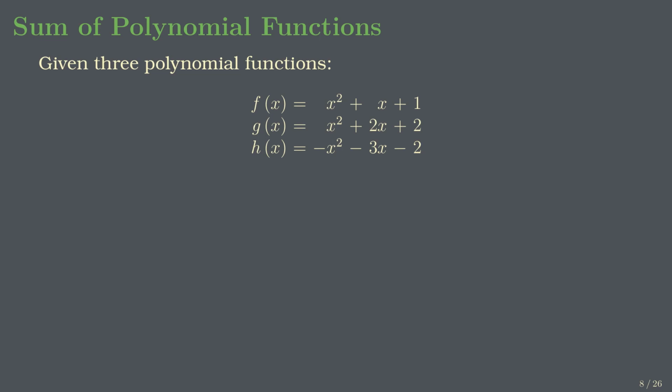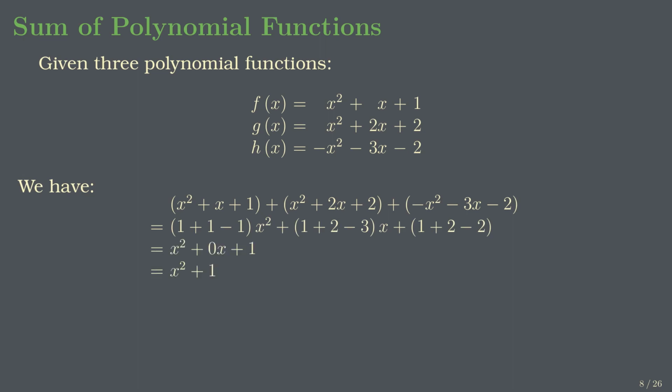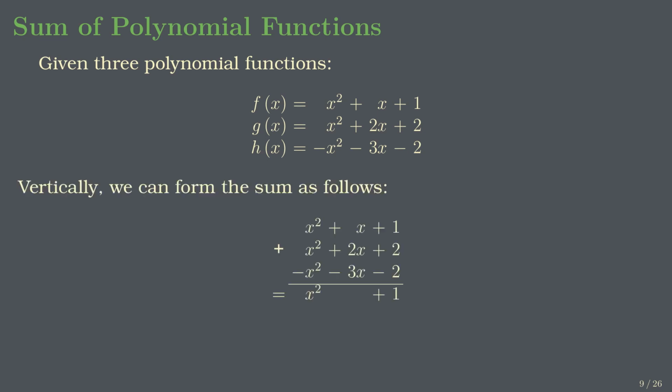Like in this case, if we have three polynomial functions, then we can do the sum of these three polynomial functions either horizontally by regrouping the coefficient of the same power of x, and then compute the result as before, simplify to get the standard form, or you can use the vertical formula, write all of these line by line and put the same power of x on the same column, and then you can do the sum vertically as before.